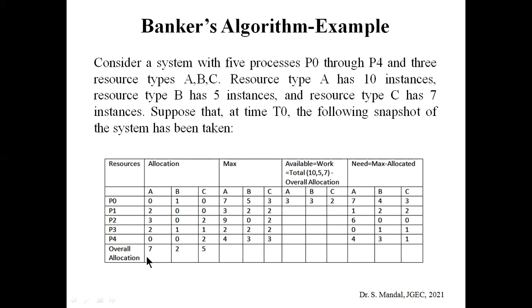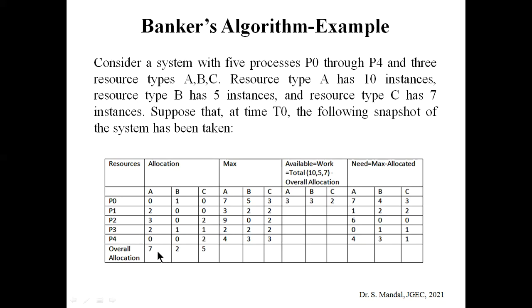Here you can see that overall allocation is nothing but, for a particular resource, the total number allocated. Like two instances of A are allocated to P1, three instances of A are allocated to P2, and two instances of A are allocated to P3.